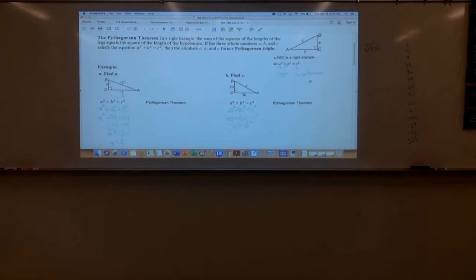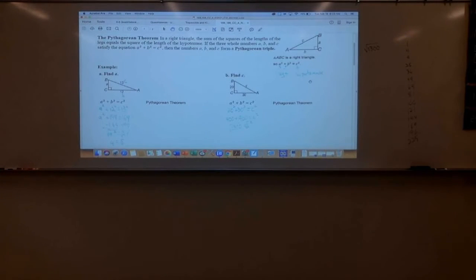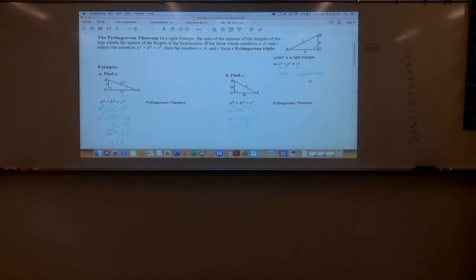So here, we're looking for the largest of these that divides evenly into 1300. Right? This one hopefully is fairly obvious. 100 is going to be the largest one that divides evenly into 1300, but it's not always going to be that obvious. You may have to use the calculator, checking and seeing what numbers divide evenly into that.